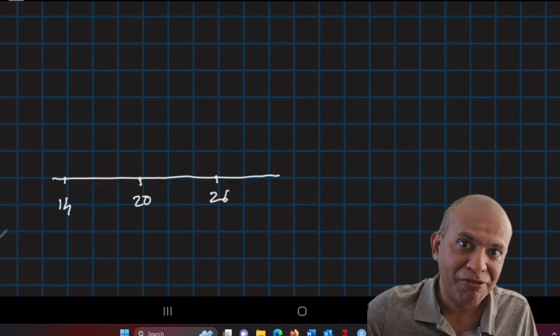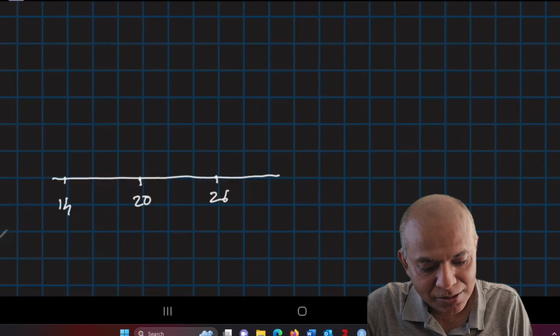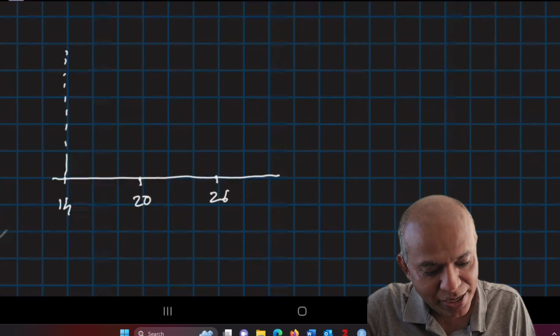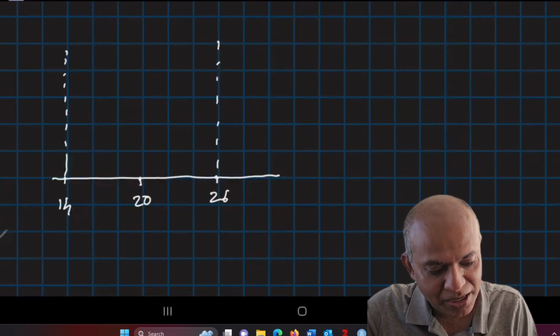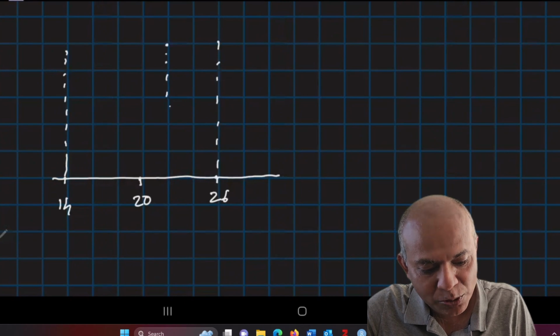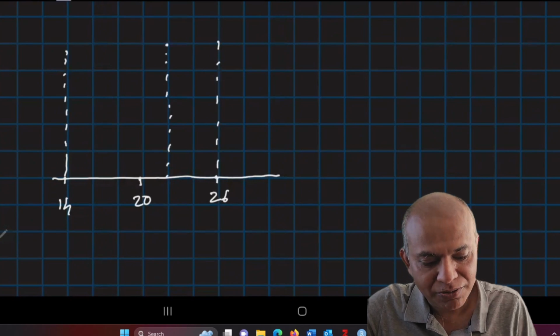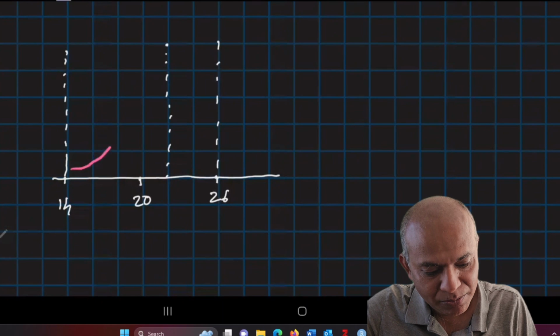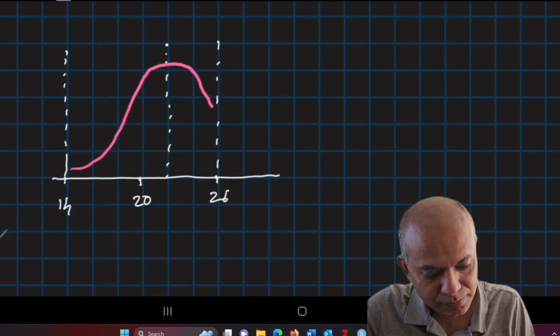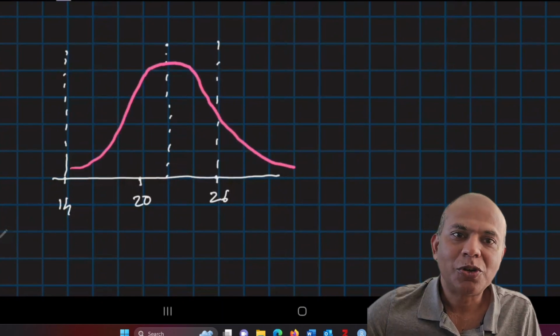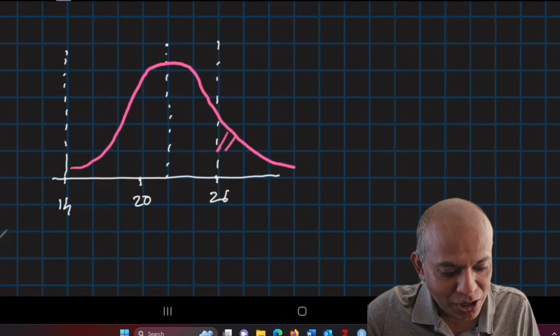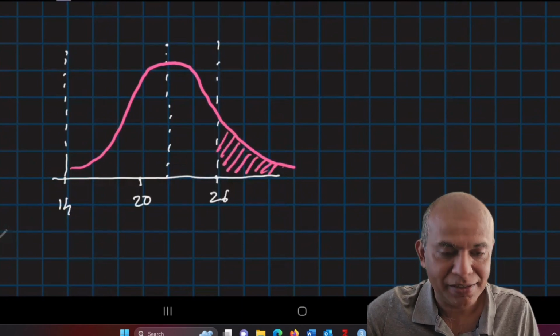But because of a malfunction, though we are supposed to maintain a mean of 20, we are not able to, and our mean shifts to 22. So the new curve that we have will be something like this. Now we have a lot more defectives on the right side.